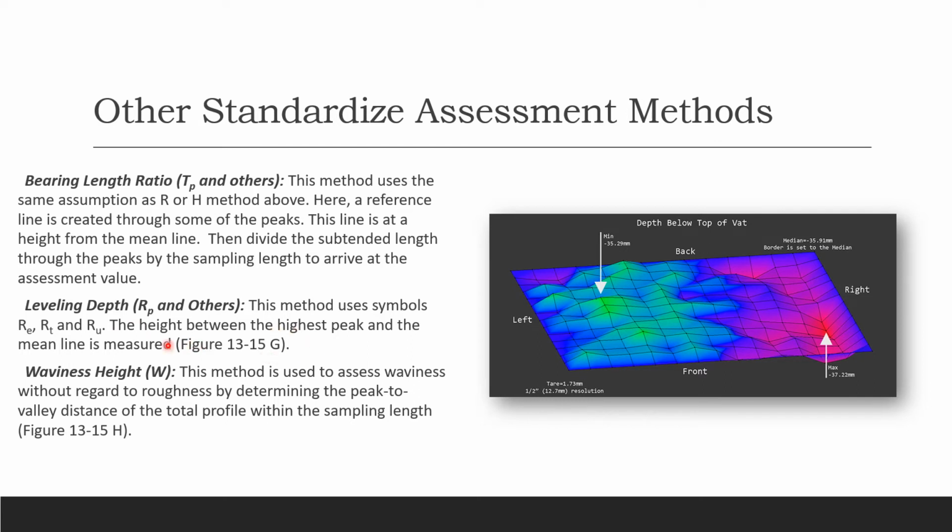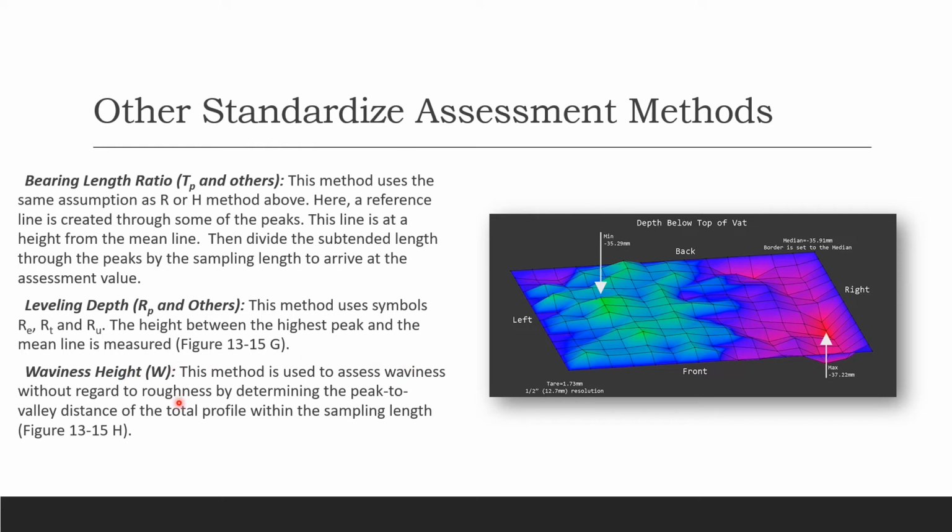This method uses a symbol RT or RU, and the height between the highest peak and the mean line is measured. What you have to understand is that surface study is also academic, at schools and universities. It's still very important research that a lot of schools are participating in. And again, we're trying to find the best method to scan the surface.